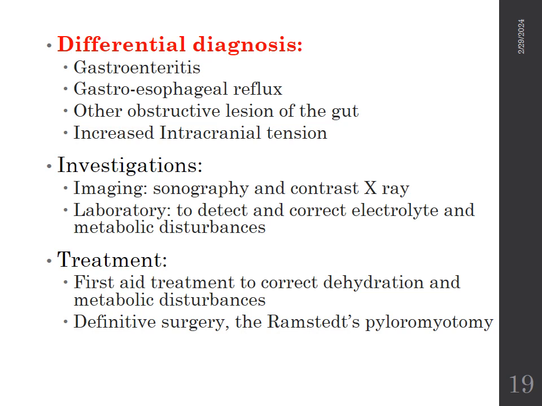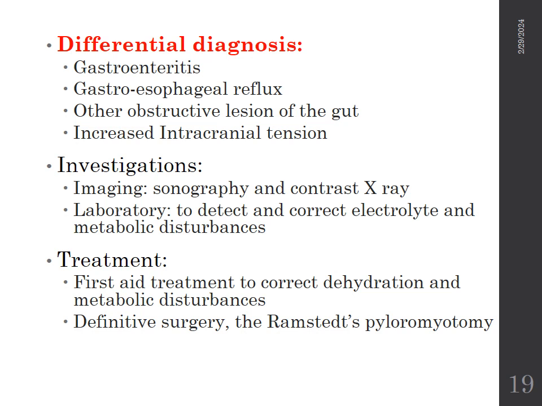We need to do imaging, sonography and a contrast X-ray, and it's very important to do serum electrolytes and blood gases, because as we mentioned, we have an acid-base and an electrolyte disturbance, and they need to be corrected prior to surgery. So the first aid treatment is to correct dehydration and metabolic disturbances.